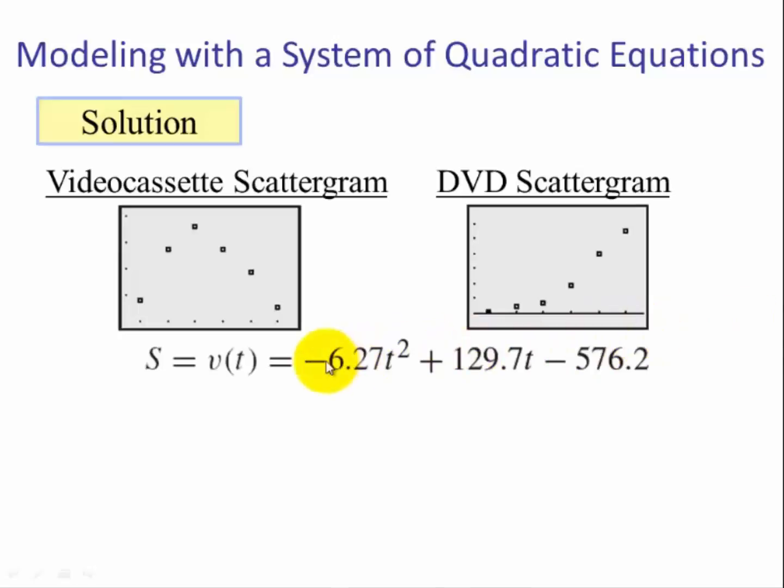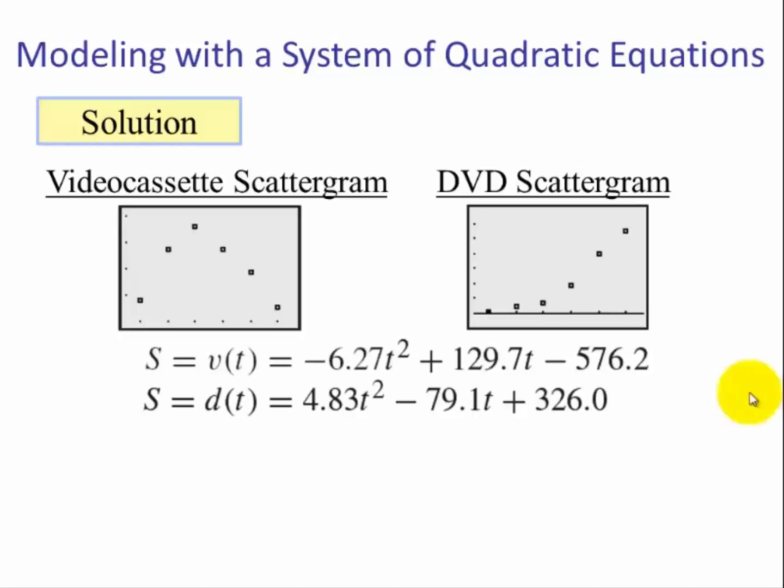So the quadratic model for the video cassettes is negative 6.27 t squared plus 129.7 t minus 576.2. The model for the DVD is 4.83 t squared minus 79.1 t plus 326.